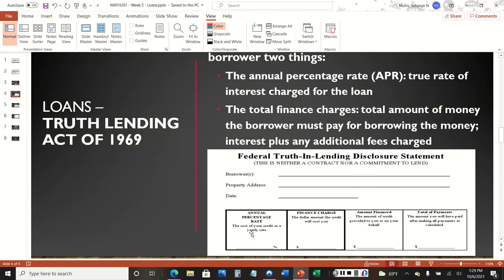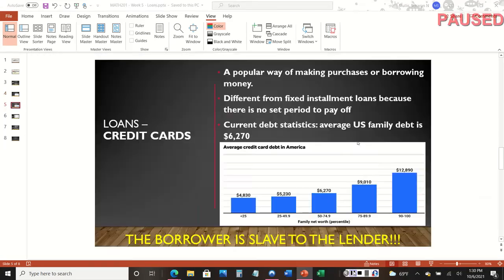So these 2 boxes, the annual percentage rate and the finance charge, those have to be listed on any type of loan, whether it's a credit card or a mortgage or a car note. You have to know what the APR is and you have to know what the finance charge is.